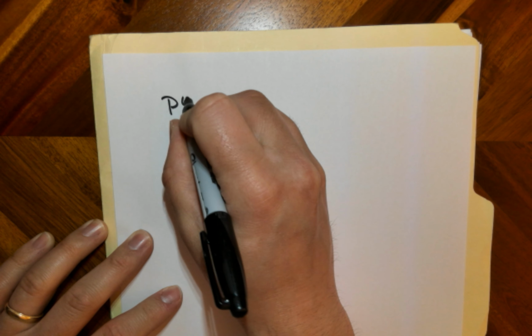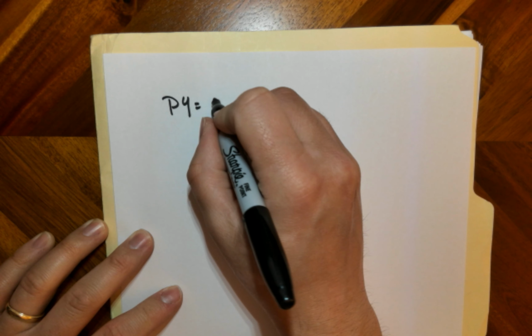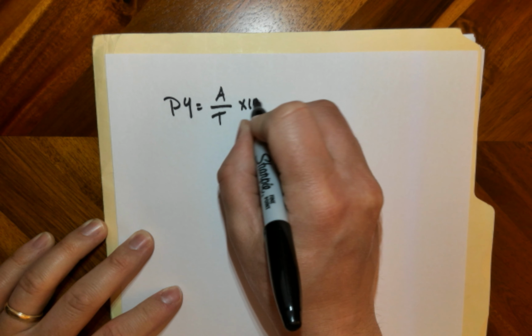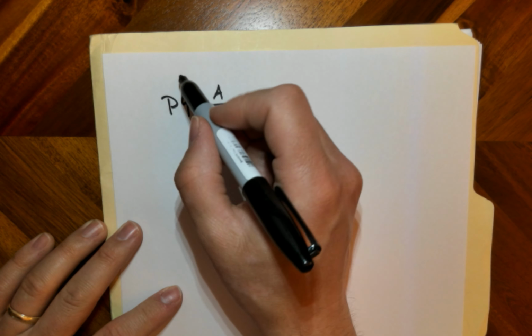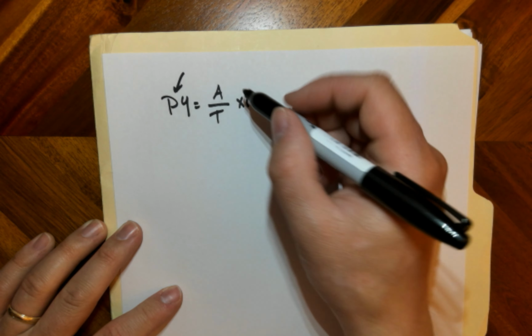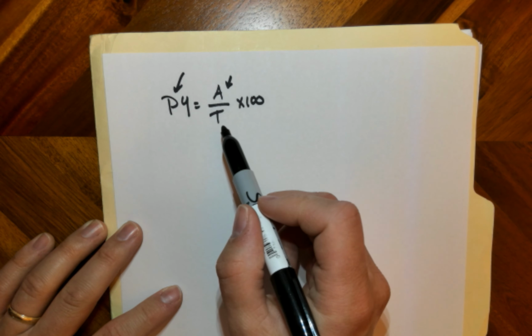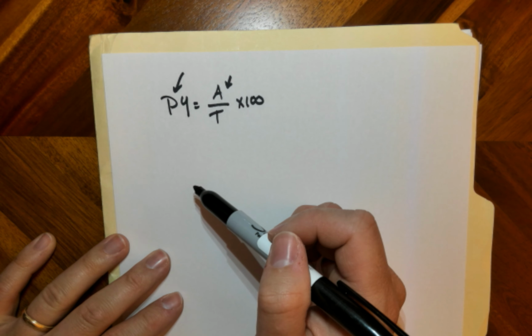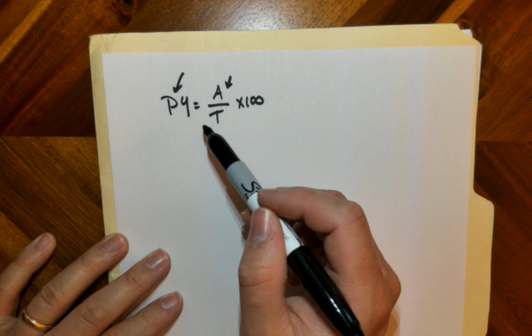And so the way that we can do that is we can say that percent yield is equal to the actual over the theoretical times 100. We know the percent yield, we know the actual yield, but we don't know the theoretical. That's what we're asked for first. So all we have to do is rearrange these terms.